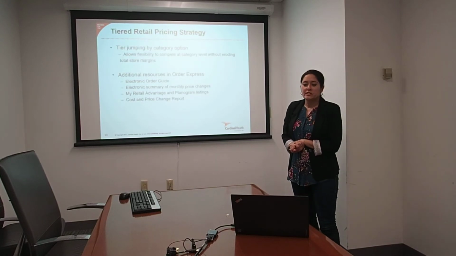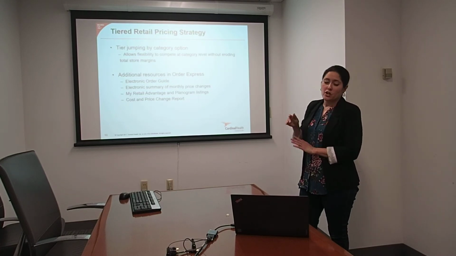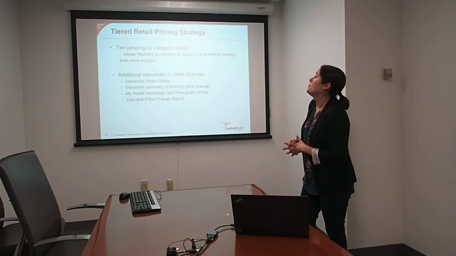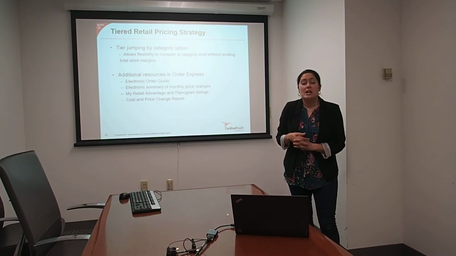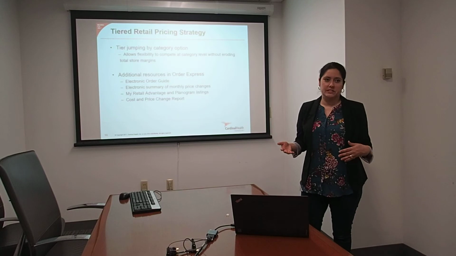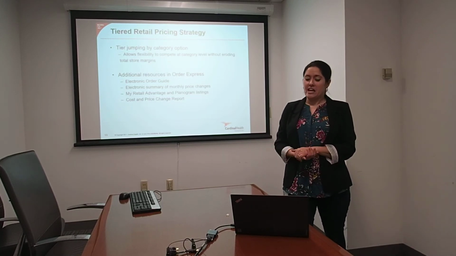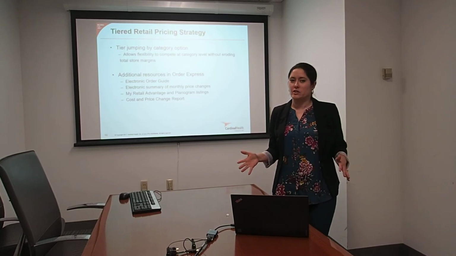The tiered retail pricing strategy also offers the flexibility to, we call it tier jumping by category. So let's say your neighbor down the street has baby care items for lower. You're priced in convenience A, and they have really low prices on baby care.